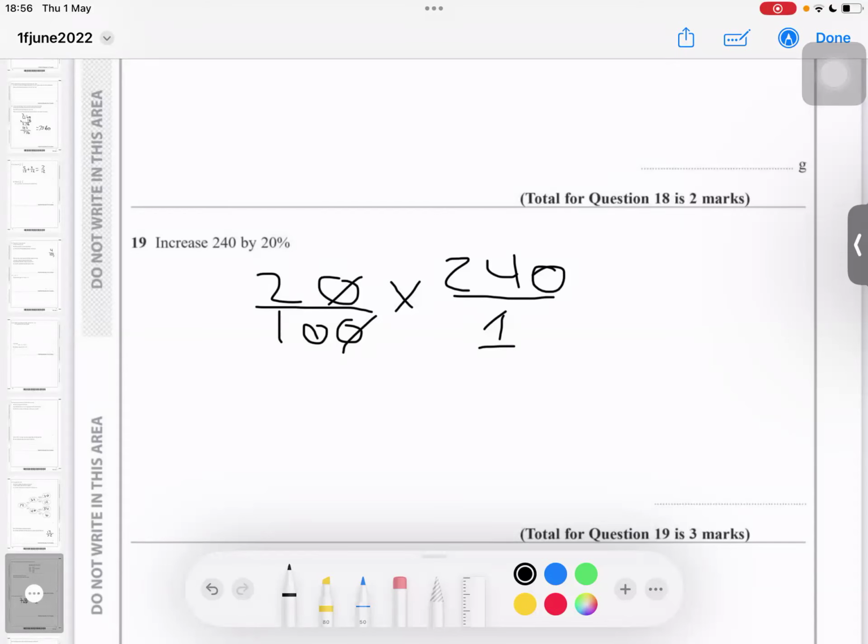Can you see another zero there? The second zero in 100 and the zero in 240. Yes, perfect. So you're left with 2 times 24, which is 48.